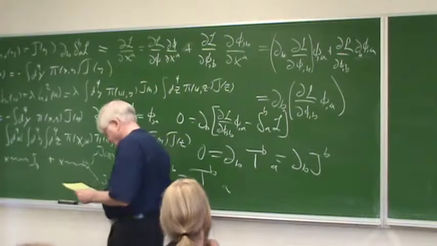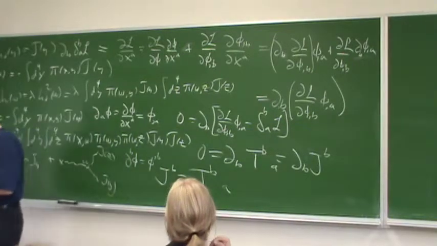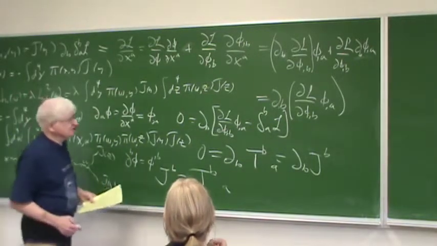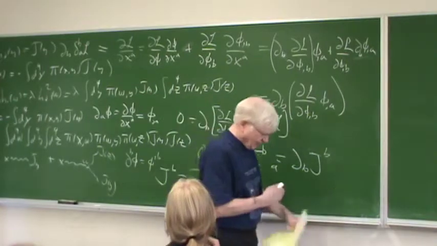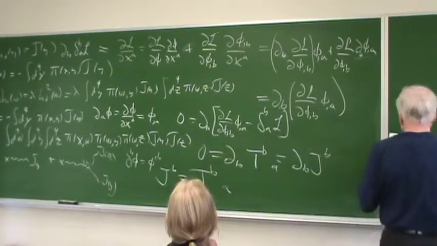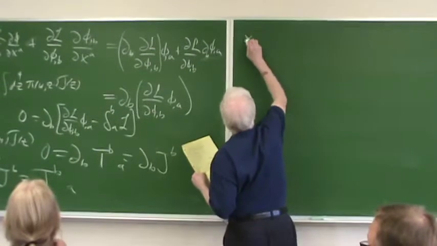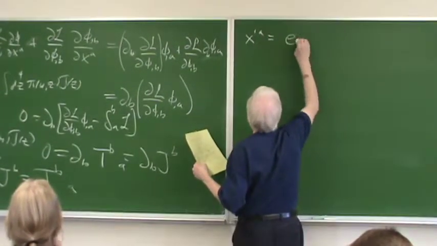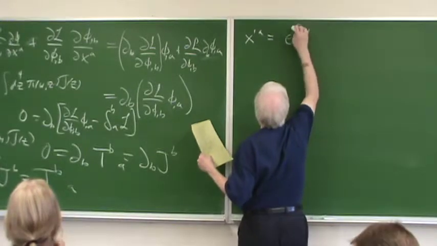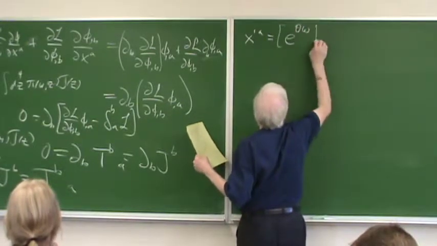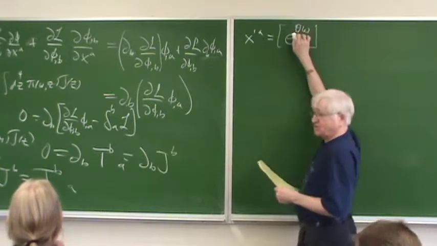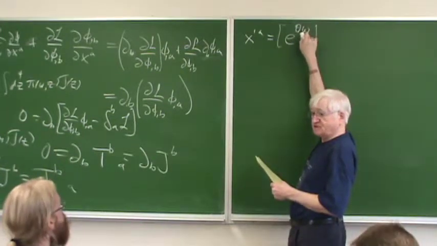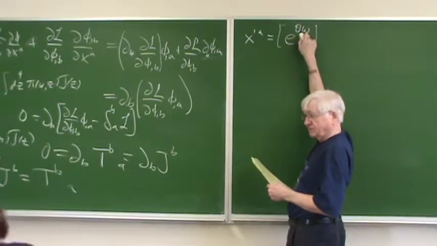And what we're going to do now is rotations, and here's the way I'm thinking of them. I'm thinking here we have x prime A is, remember, what we had is something like this. So theta is a parameter, omega is a matrix, the generator. All right?